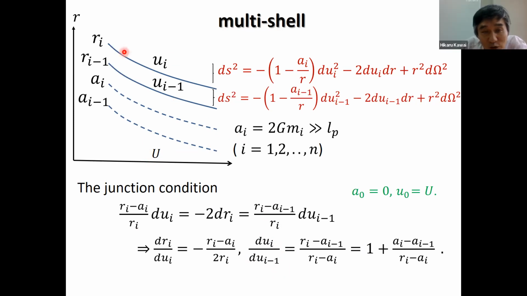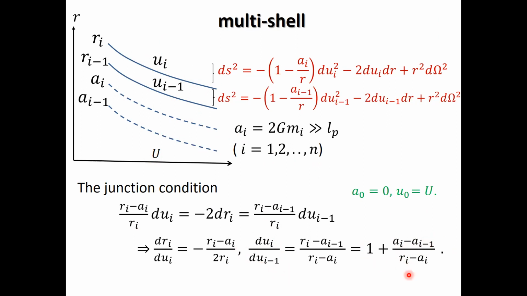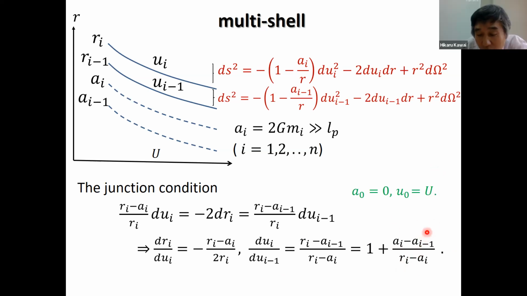So we started from a discrete shell, but if we take a continuum limit, a_i minus a_{i-1} is very small. So if a_i minus a_{i-1} is small, then yes, that assumption can be taken. That's right. In the continuum limit, a_i minus a_{i-1} is small.